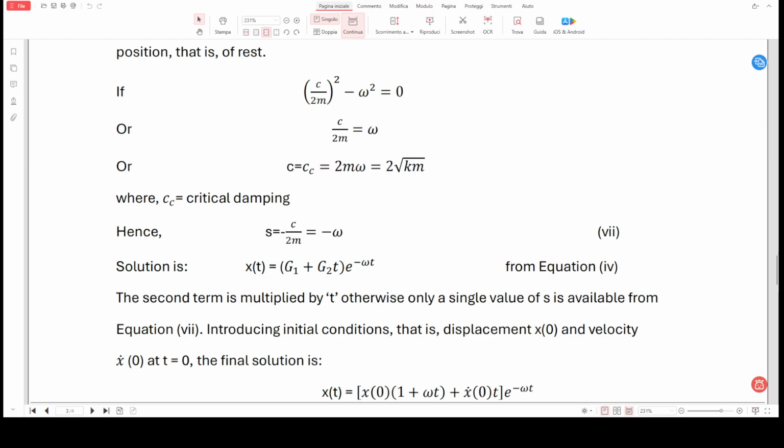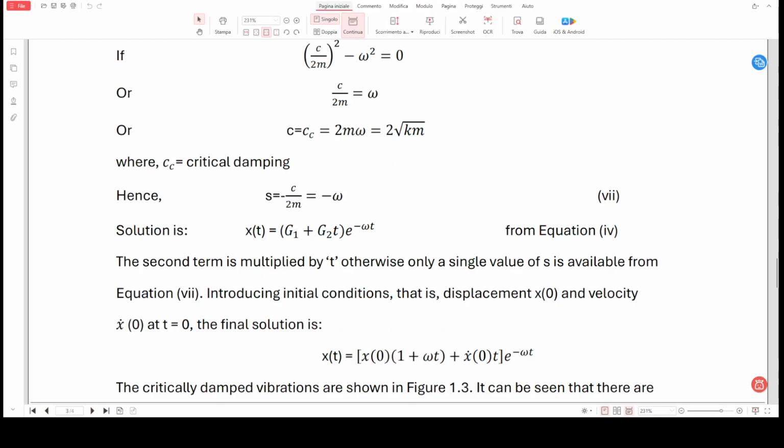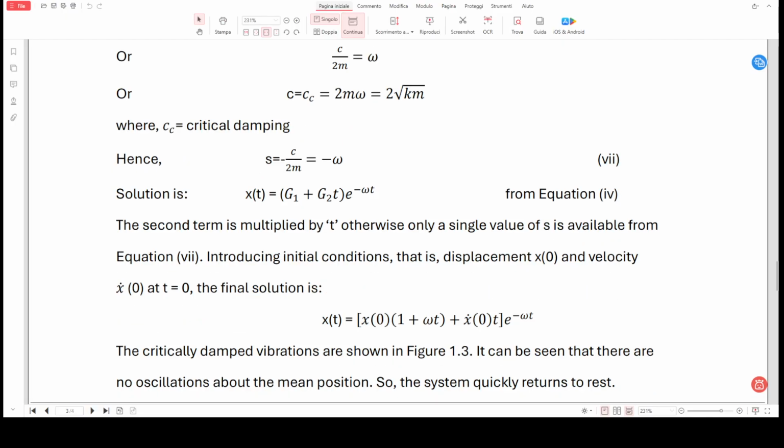The solution for the displacement we can write as x(t) equal to (G1 plus G2 times t) multiplied by e to the minus omega t. The second term is multiplied by t, otherwise only a single value of s is available for the equation set.